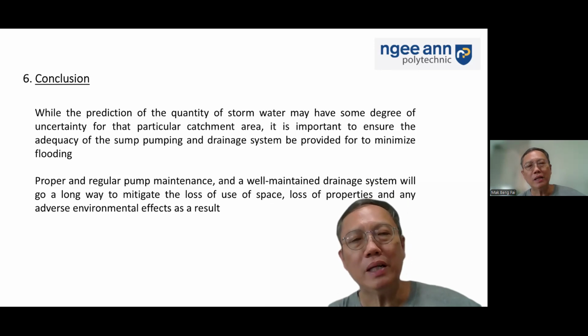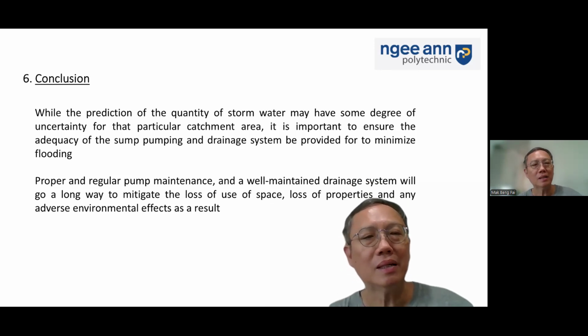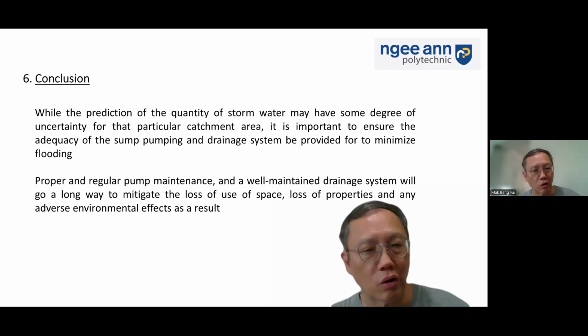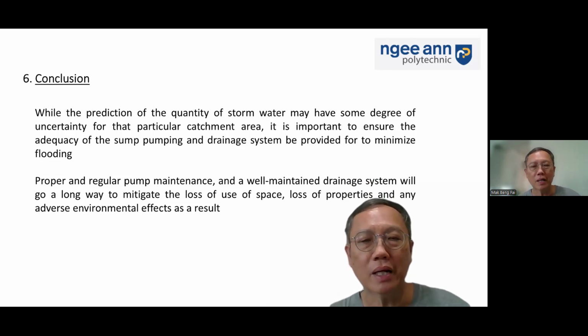But our duty as FM is to make sure that there is adequacy of pumping and drainage systems to minimize any flooding. Therefore, proper and regular pump maintenance and a well-maintained drainage system will go a long way to mitigate loss of space, loss of properties, and any adverse environmental effects. So very important, pump maintenance.